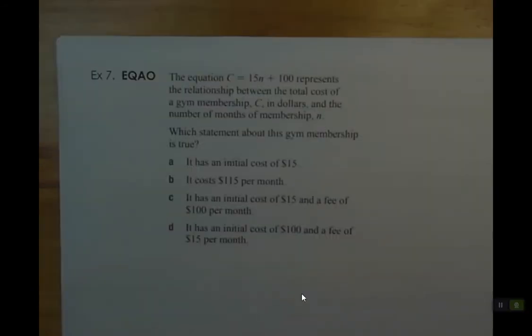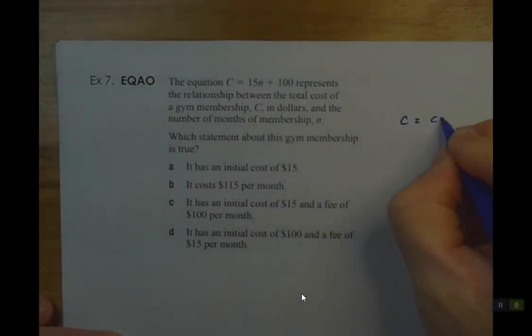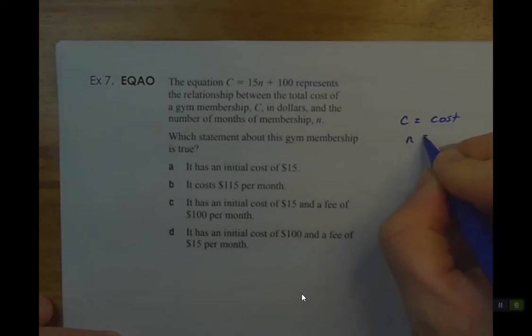All right, the last question we're going to take a look at is we're going to try to figure out which statement about this gym membership is true. So I have an equation: C equals 15n plus 100. It represents the relationship between the total cost of the gym in dollars and the number of months of the membership, n. So C equals cost, n is number of months.